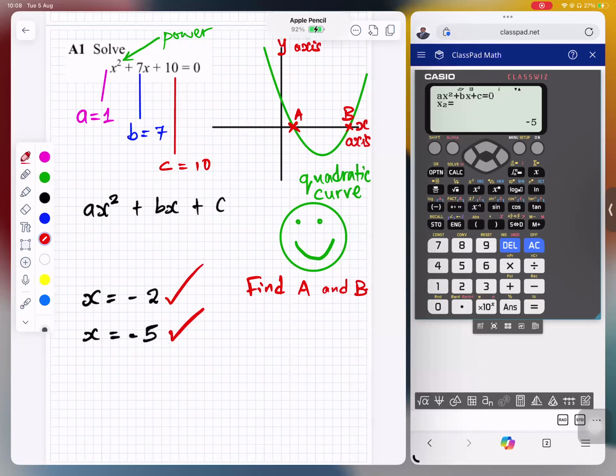That means you have solved it. Solve means find the two answers. And that's the two answers we have found, and the calculator has done it for us.